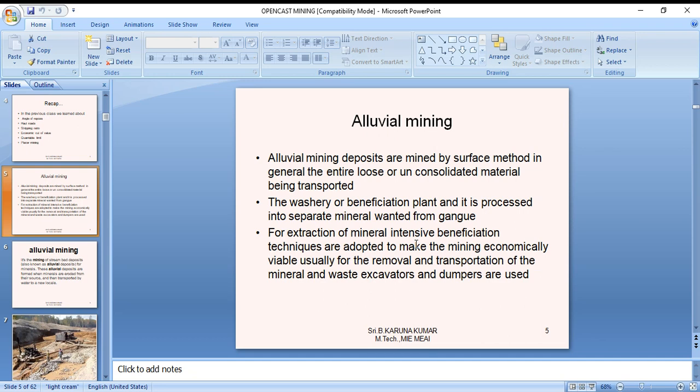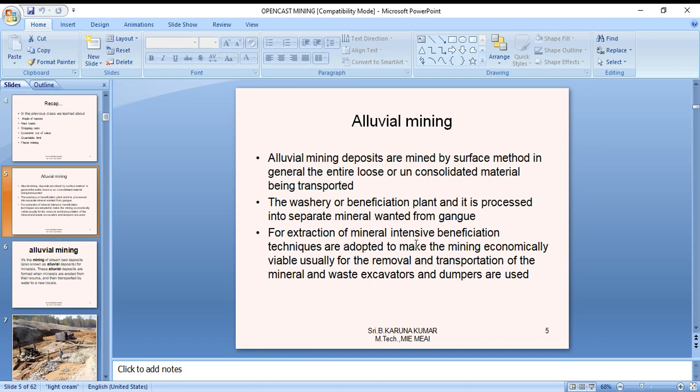The washeries are beneficiation plants, where it is processed to separate the wanted mineral from the gangue. For extraction of the mineral, intensive techniques are adopted to make the mining economically viable. Usually excavators and dumpers are used for removal and transportation of the mineral and waste.